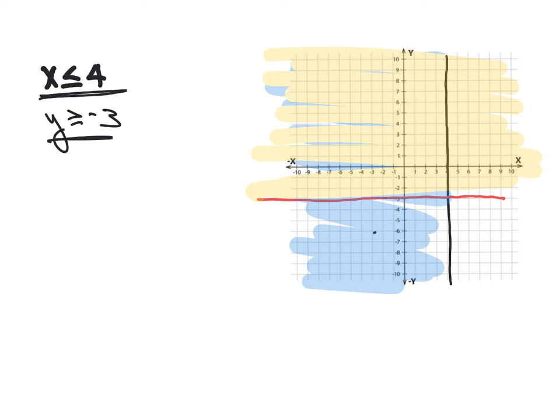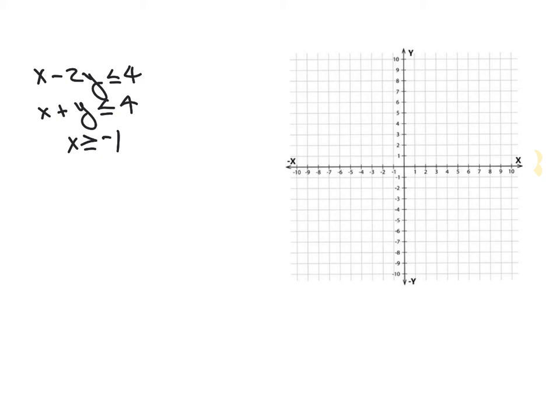All right, jump to example 4. For number 4, we've got 3 different graphs. So let's go ahead and change that to -2y is less than or equal to -x plus 4.